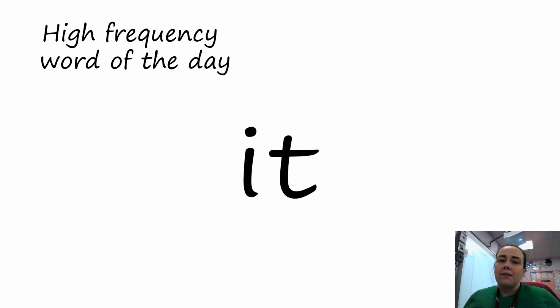Can you think of a sentence that you could use the word it in? My sentence is, today it is raining. Today it is a PE day. It is fun to play in the rain. What sentence did you think of? Well done.